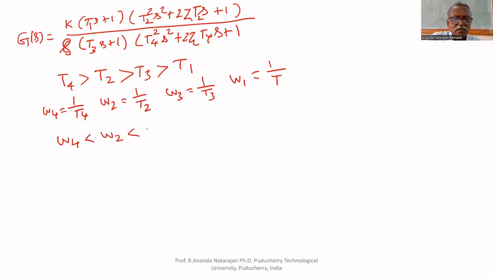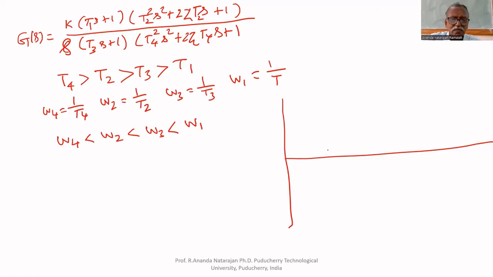Omega 2 next. Then omega 3 next. Omega 1. Which is the largest? Omega 1 is the largest. So, what is the plot? Let us mark all the corner frequencies first. Omega 1 is largest. Therefore, first will be omega 4. Next will be omega 2.